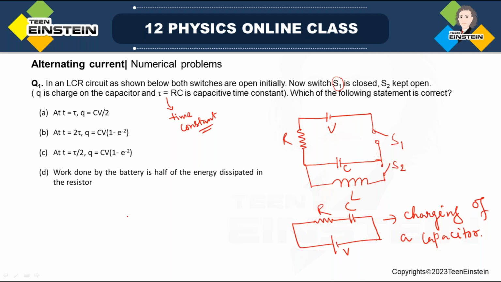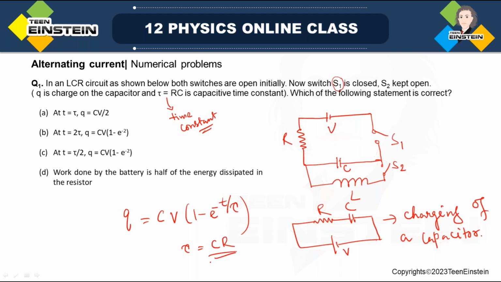I just directly write. See what will happen. The charge will be accumulated in the capacitor, and that will be exponentially growing. The expression will be Q equal to CV into (1 minus e to the power minus t by tau), where tau is CR.